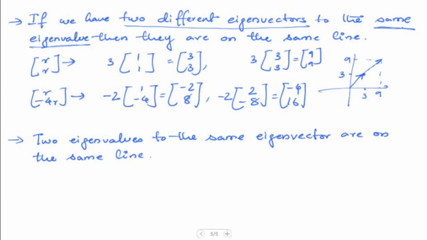So here if you have two different eigenvalues to the same eigenvector, they are on the same line. So let's say you have the same eigenvector.